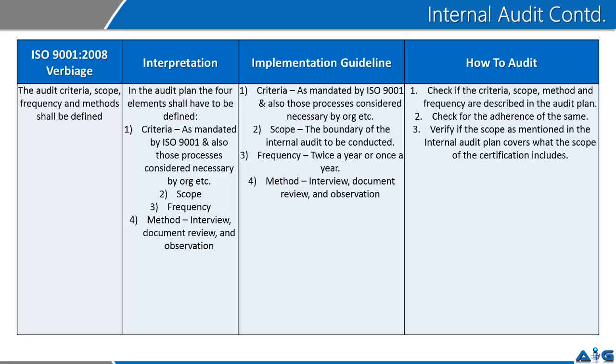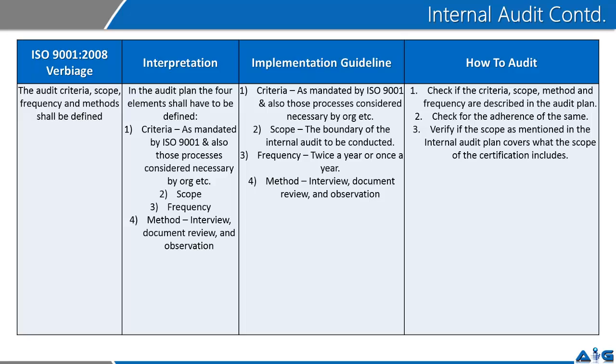Don't do a simple English interpretation here. Refer to ISO 9000. Like for instance, the term criteria here. The criteria should be as mandated by ISO 9001 and also those processes considered necessary by the organization. You must decide on the scope, what will be in scope and out of scope of your audit, what would be the frequency, and what is the method. Typically the method could be interview, document review and observation. So you must decide and communicate that as a part of your internal audit documentation.